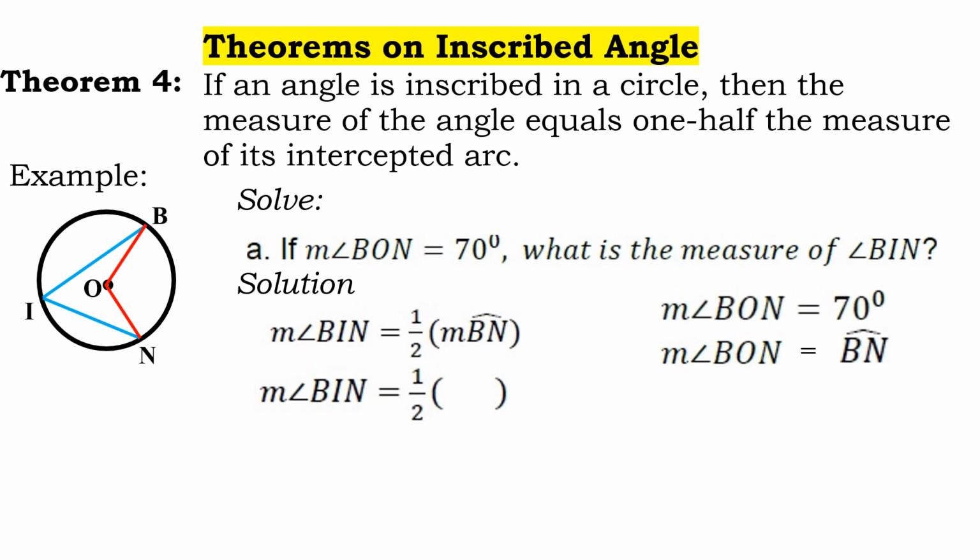If angle BON equals 70 degrees, arc BN is also 70 degrees. So, we can now solve for the measure of angle BIN. 1/2 of 70 degrees is 35 degrees. Therefore, the measure of angle BIN is 35 degrees.